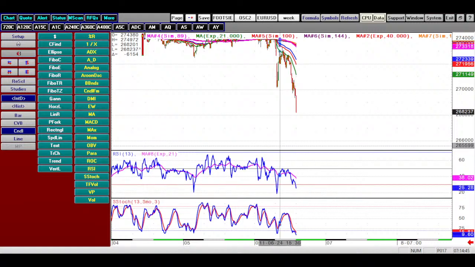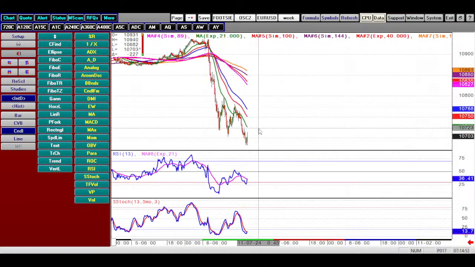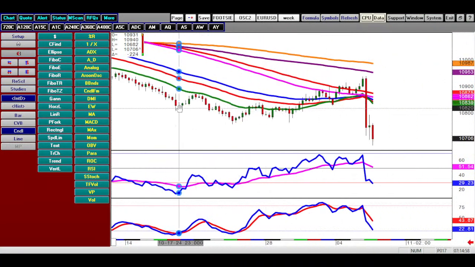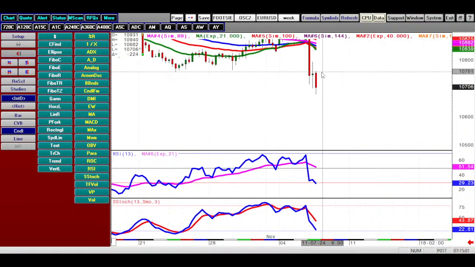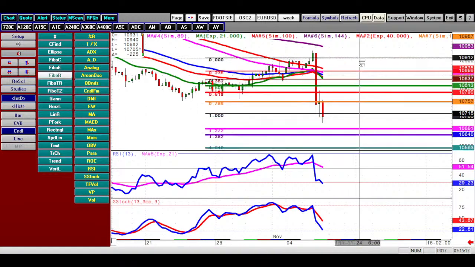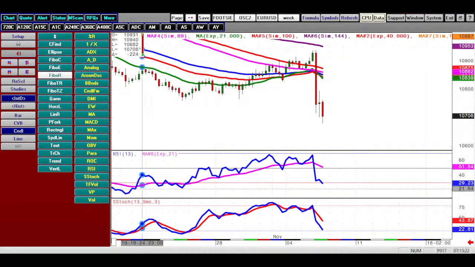The euro dollar. If you look into the time control, the price should be moving lower, and we should not see the price going above 765, and we have a target of 10660.